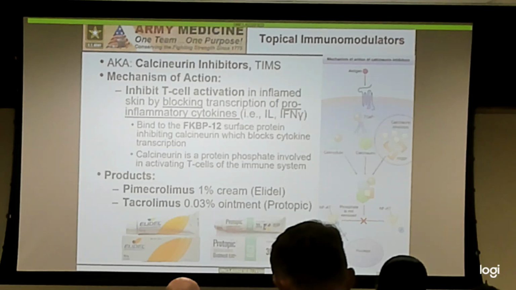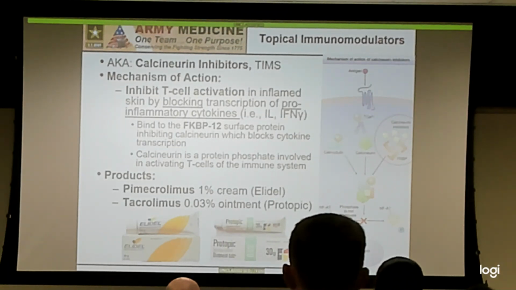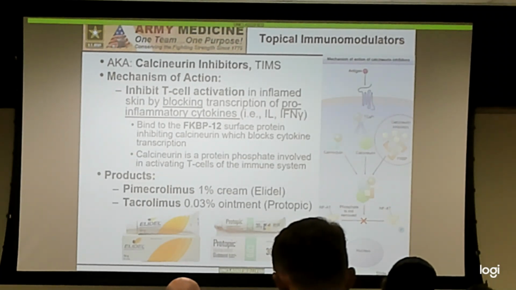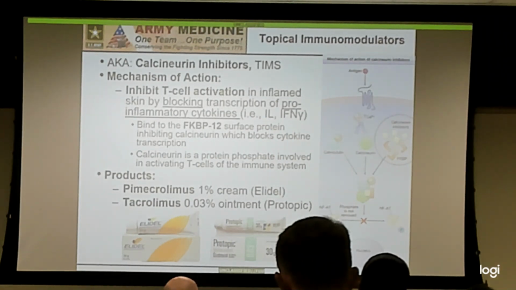Okay, so just understand that there can be some variability in the response to these medications, especially in our patients with eczema. Two medications are listed here again, and essentially what we're doing is binding our T cells, which causes that immune system to be activated. We're binding those and blocking them from working, okay? So the FKBP12 is what we're targeting, okay?